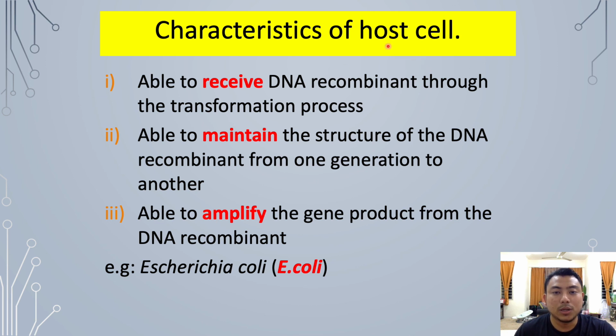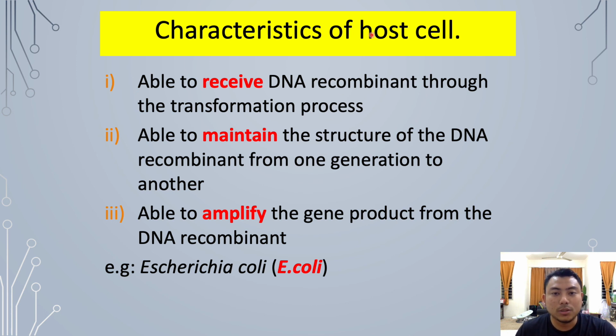Okay, so a host cell also must be able to maintain the structure of the DNA that is being received. If the host cell only able to receive and then later it will damage or attack or destroy the DNA recombinant, again that host cell does not fit for its job. Okay, and next one is able to amplify the gene product from the DNA recombinant. Means that the gene of interest that we insert earlier later will produce its product.